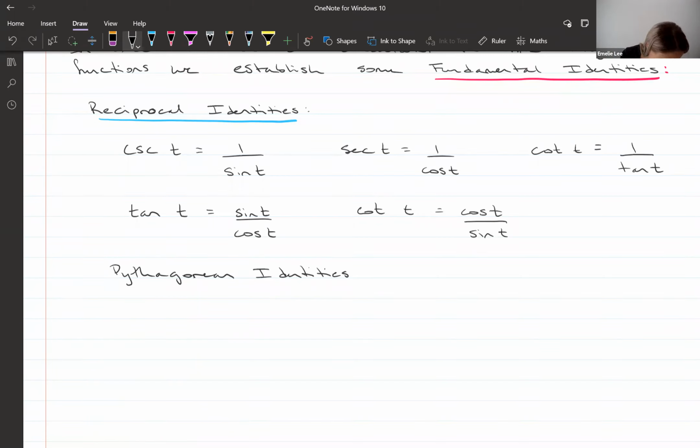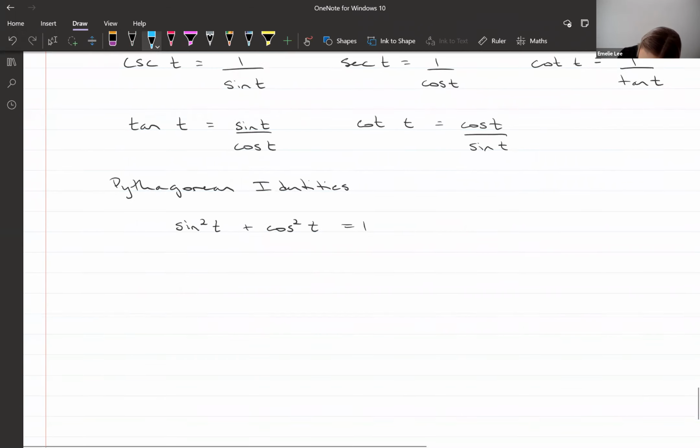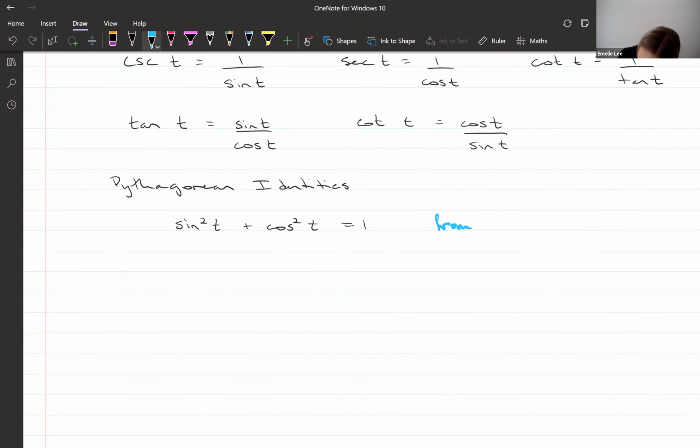So our first Pythagorean identity is sine squared t plus cos squared t is 1. This is from x squared plus y squared equals 1. Switching x and y, but that's okay, since we're adding, a plus b is the same as b plus a.